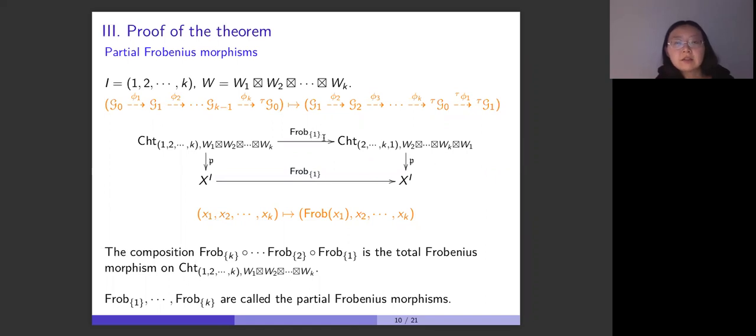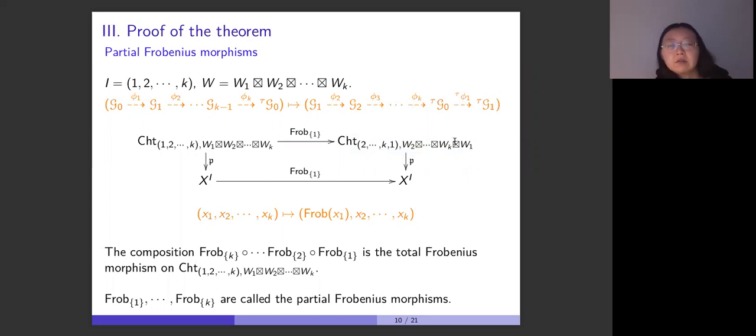So I write down the partial Frobenius for this one, and then you can do the same thing for this one, which means you can keep this chain and put Frobenius of G1 to G0, then you add Frobenius of G1 to G2. It becomes tau G1 to tau G2. You add it here.